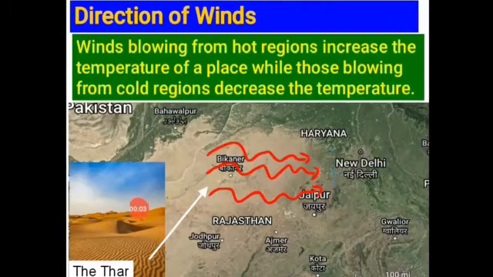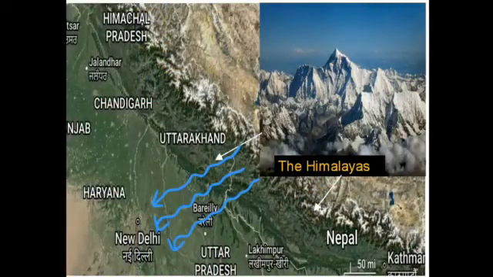In the summer, the hot winds blow from the Thar Desert towards Delhi and increase the temperature, whereas in winter, the cold winds blow from the Himalayas toward the northern plain of India as well as Delhi, and a severe winter is experienced in these regions.